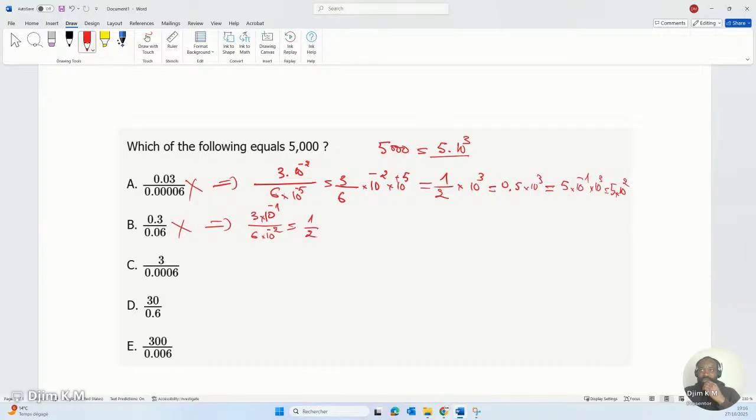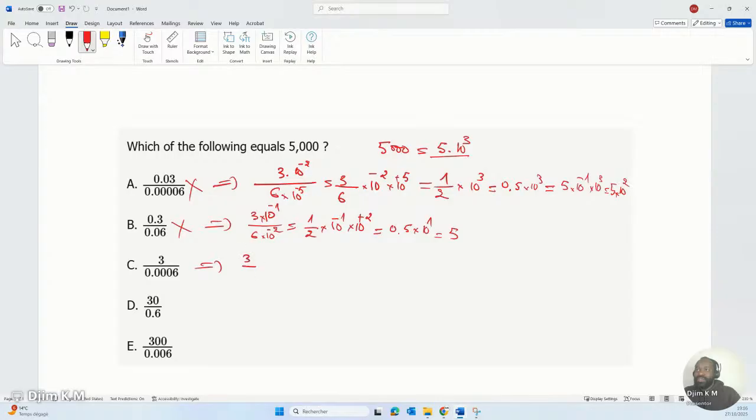It's going to be 1 over 2 times 10 to the power plus 1, which is 0.5 times 10 to the power 1. Okay, so it's going to be 5. That's not our answer.